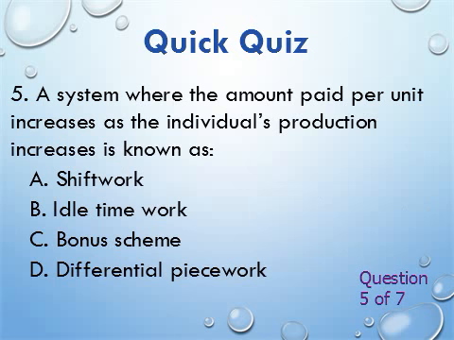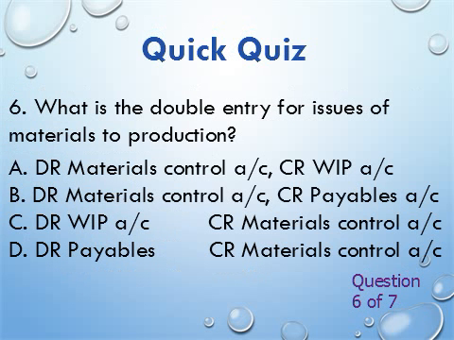Question 5. A system where the amount paid per unit increases as the individual's production increases is known as: A. Shift work. B. Idle time work. C. Bonus scheme. D. Differential piecework. Question 6. What is the double entry for issues of materials to production?